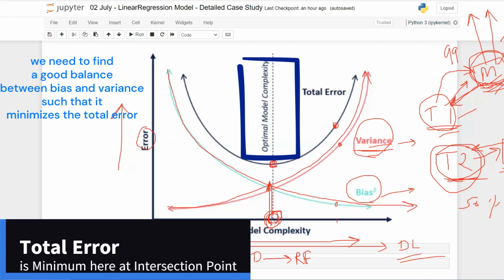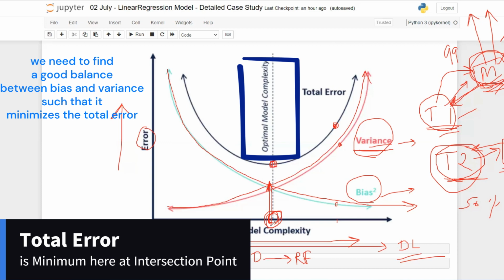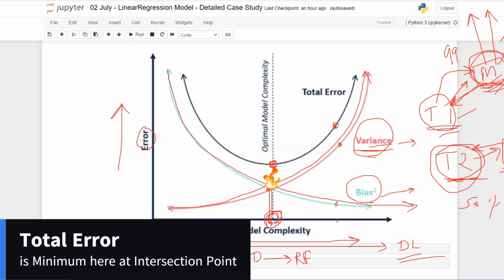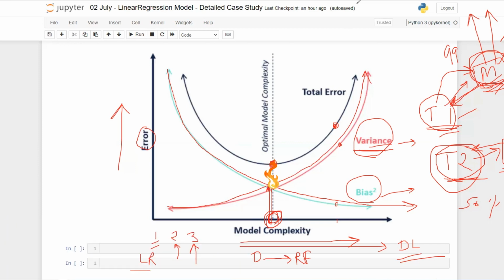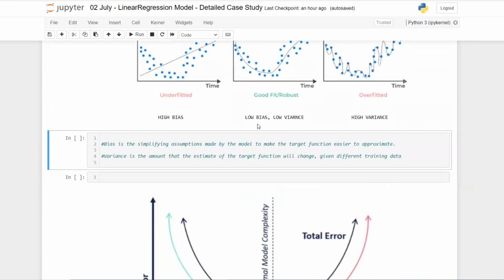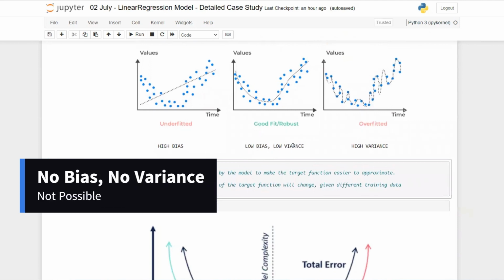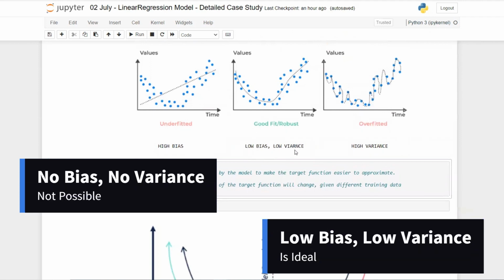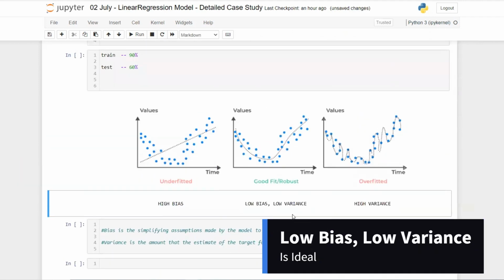So our model should always be one with low variance and low bias. I am not saying no bias, no variance. That is not possible. Every model will always have some bias and some variance.